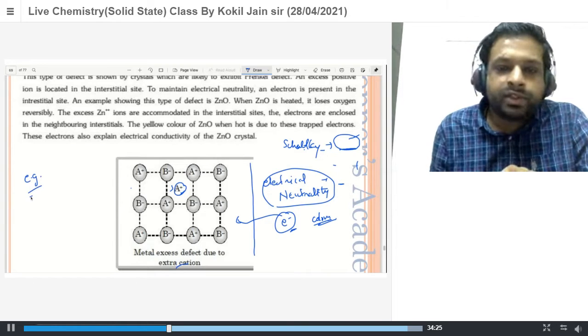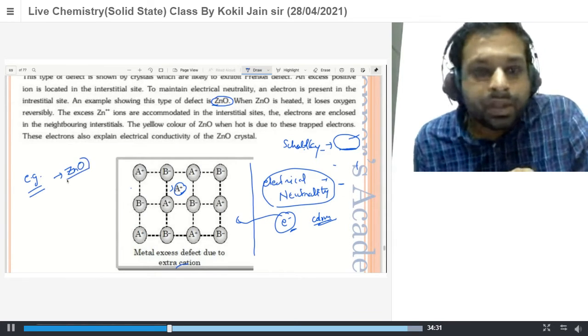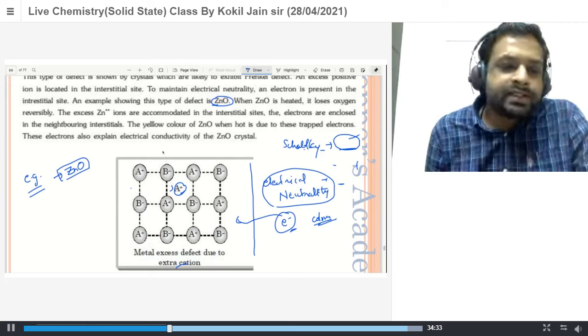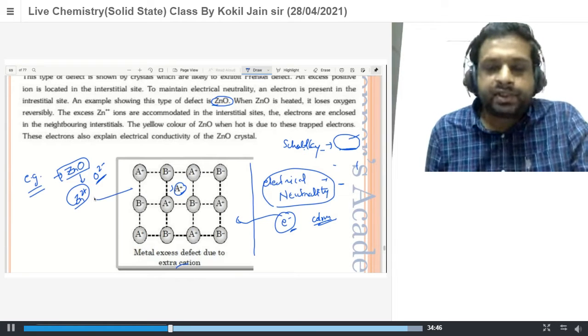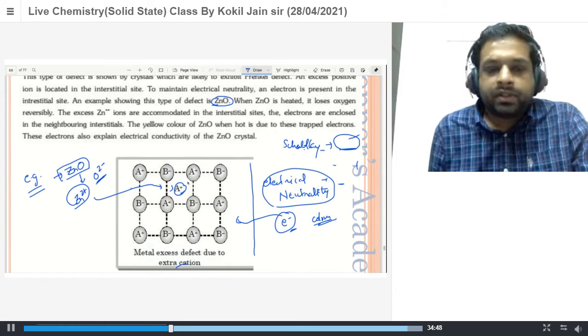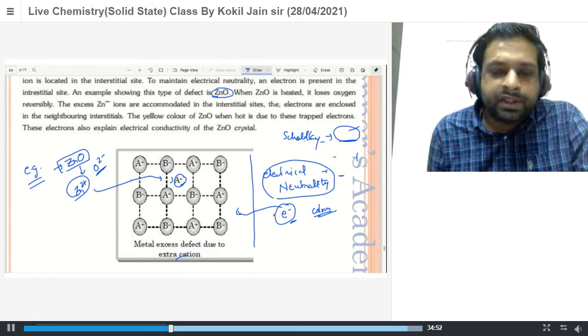First, note this ZnO. Now, in case of ZnO, the cation is Zn 2 plus, and O 2 minus is the anion here. This Zn 2 plus goes to this side here. And this electron will come up to the nearest position only.